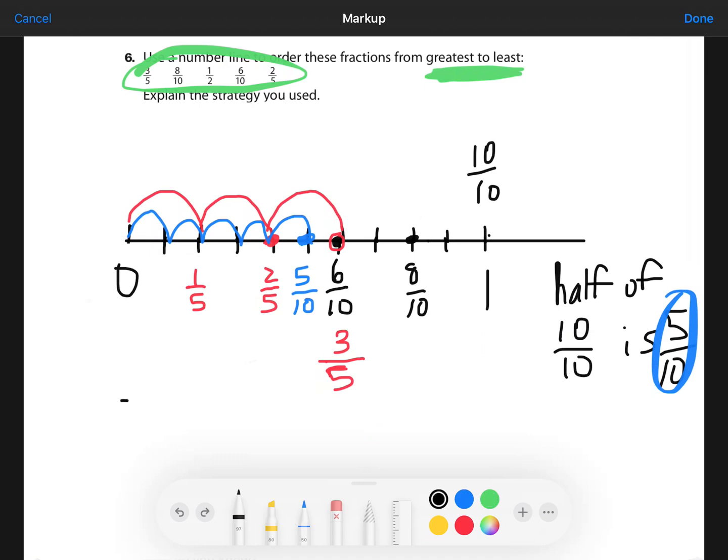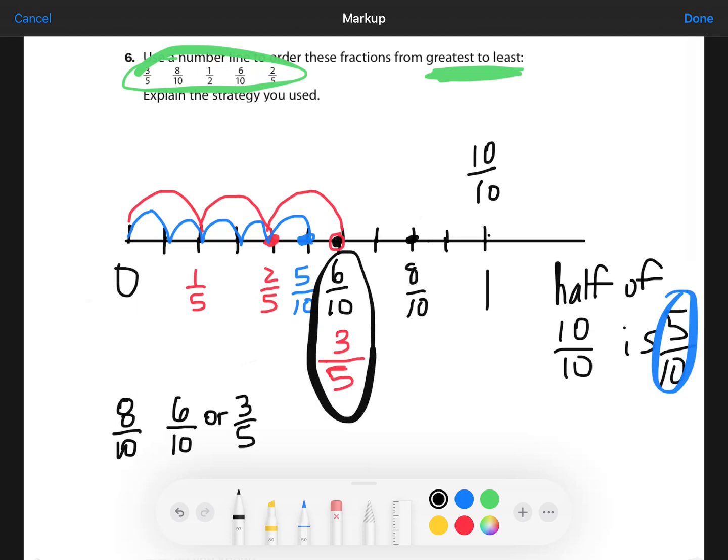So the greatest fraction is 8/10, and the next greatest fraction is 6/10, and 6/10 is equal to 3/5, which we proved here on the number line.